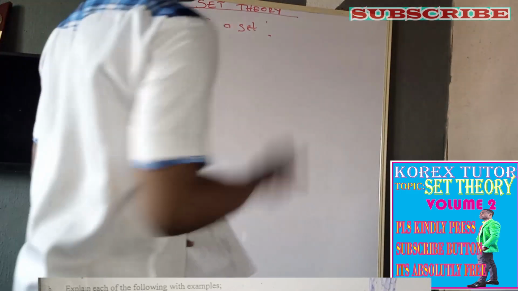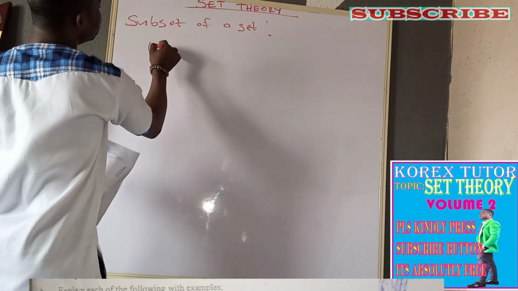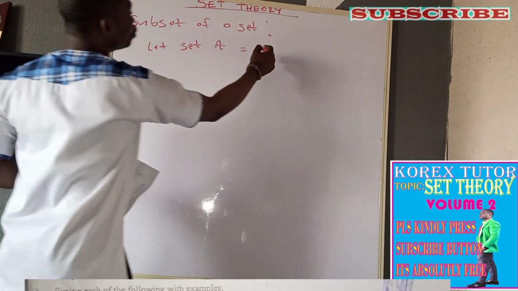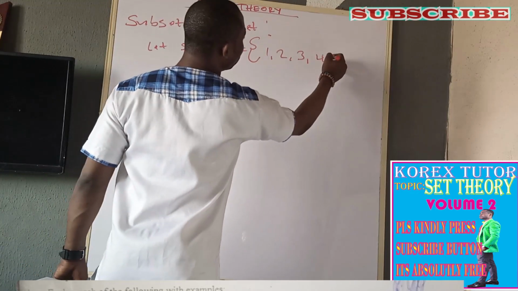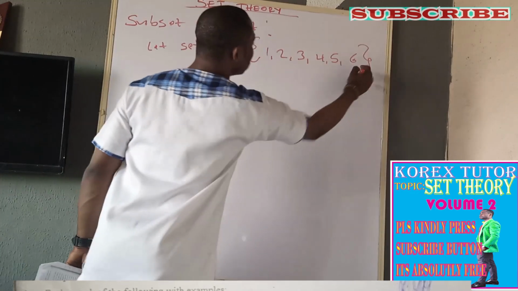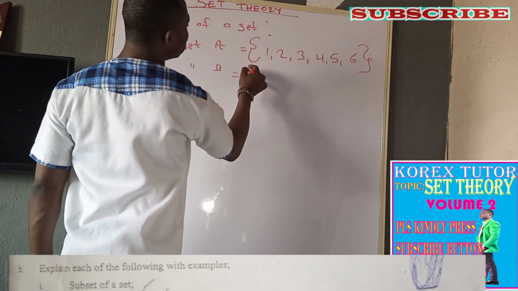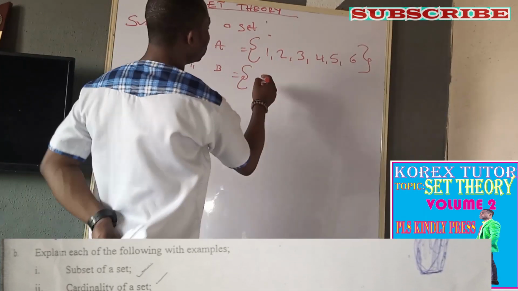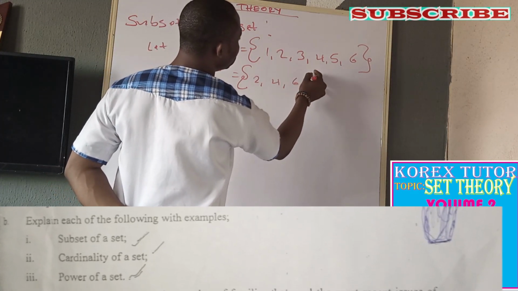So I'm going to give an example now. Let set A be equal to 1, 2, 3, 4, 5, 6. Then set B is equal to, let's say, the even numbers from 1 to 6, which is 2, 4, 6.